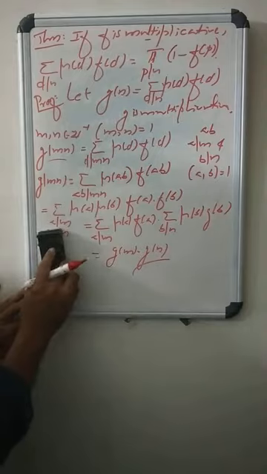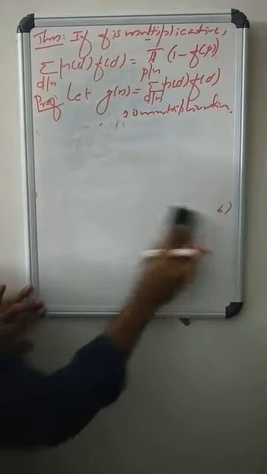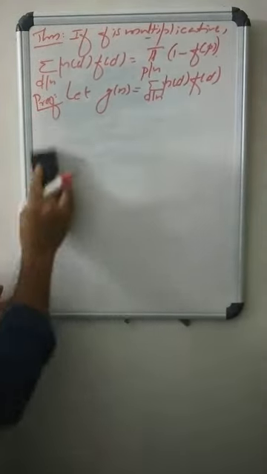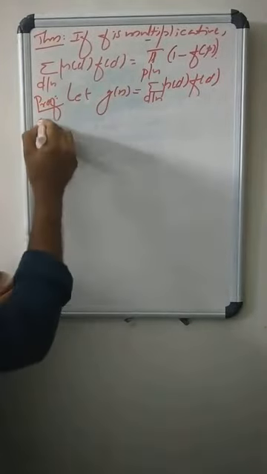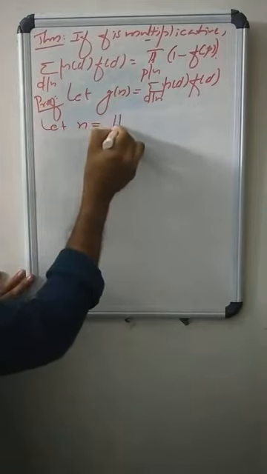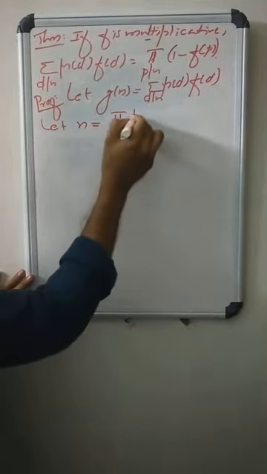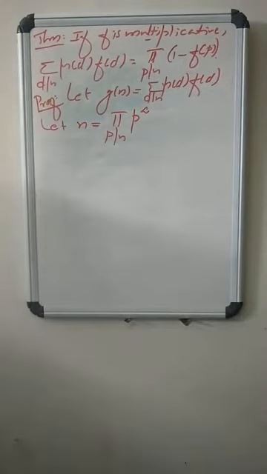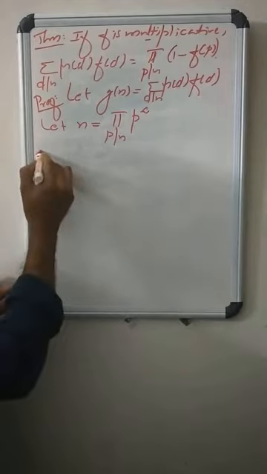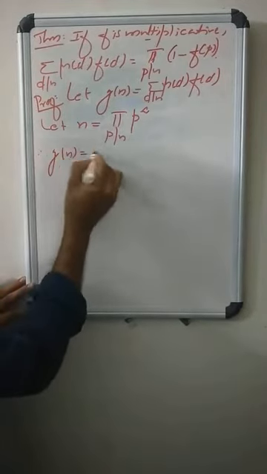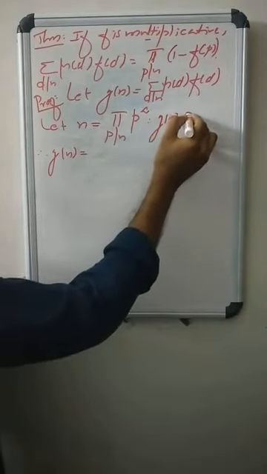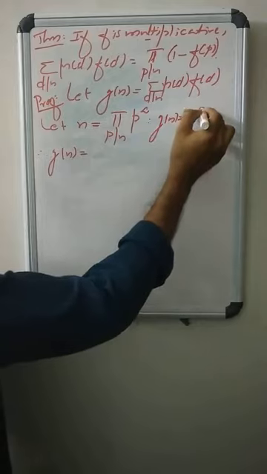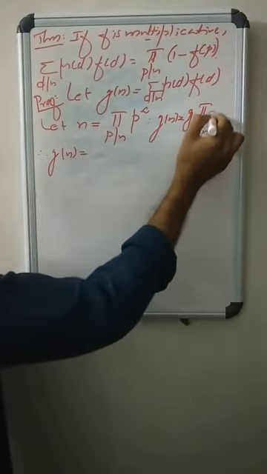Now let n equal the product over p dividing n of p power a. Therefore, what is g of n? g of n equals g of the product over p dividing n of p power a.